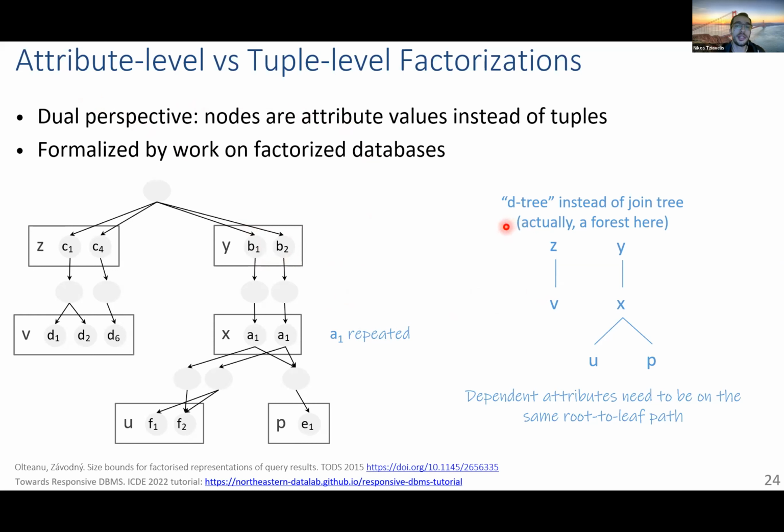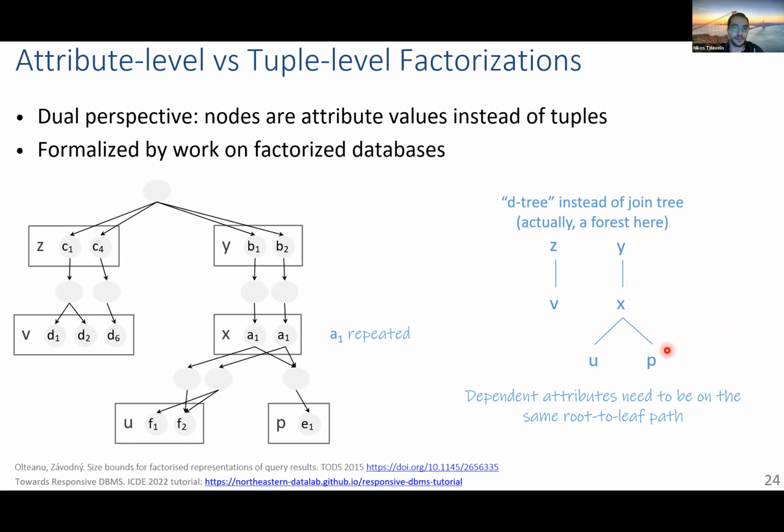We have used what is called a D tree, which is a tree. Well, it's actually a forest here because it's disconnected. That has the variables as the nodes, and it connects them in a way such that dependent attributes need to be on the same path from roots to the leaf.